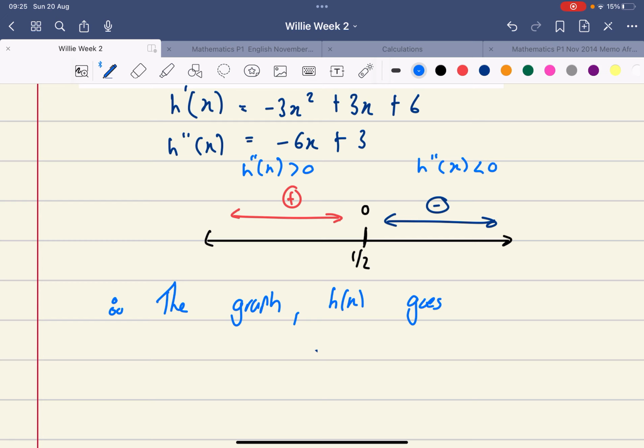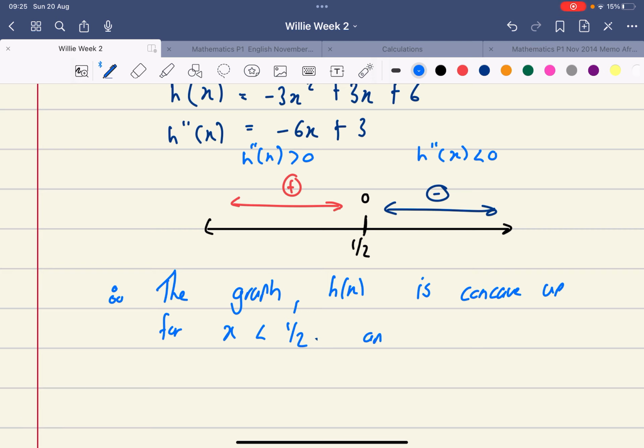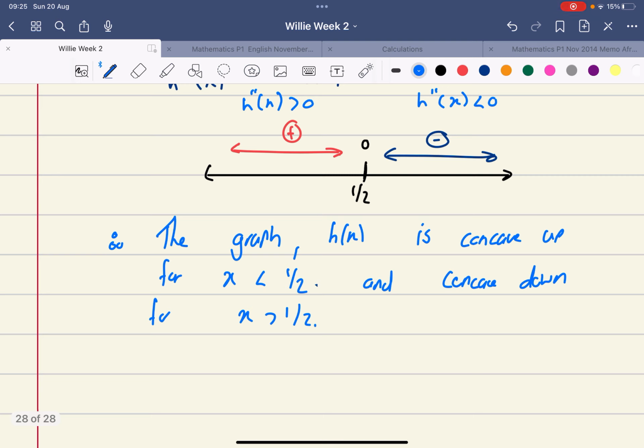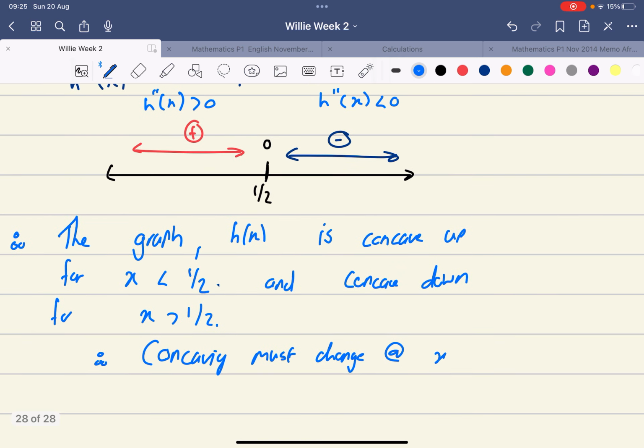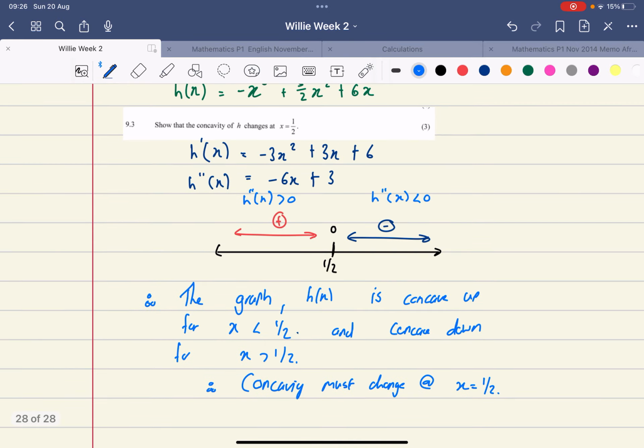The graph is concave up for x smaller than a half, and concave down for x greater than a half. So therefore, the concavity must change at x is equal to a half. And we are done.